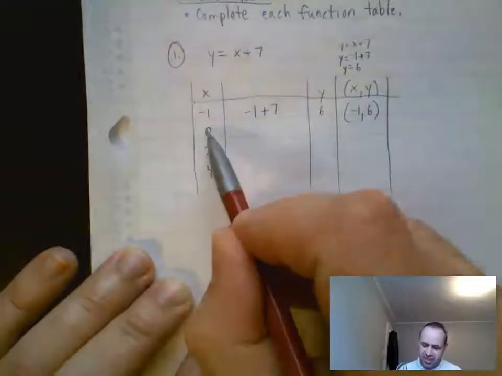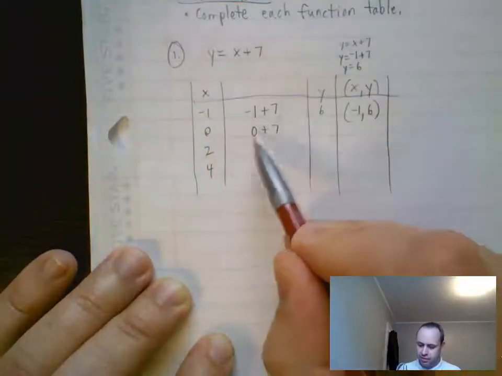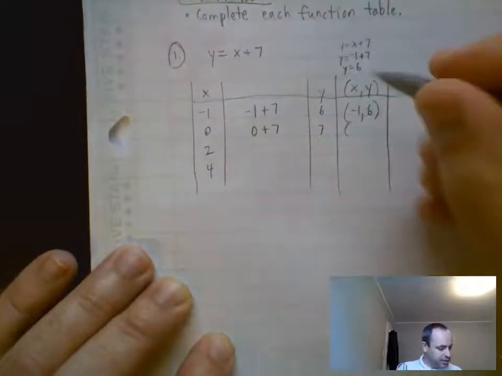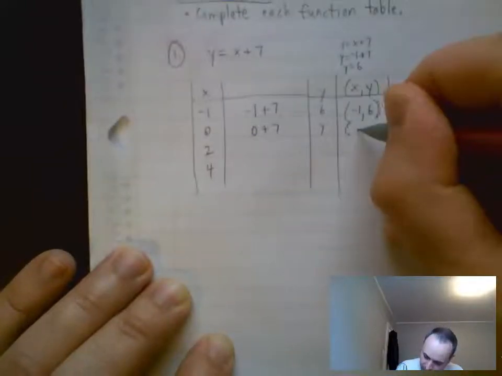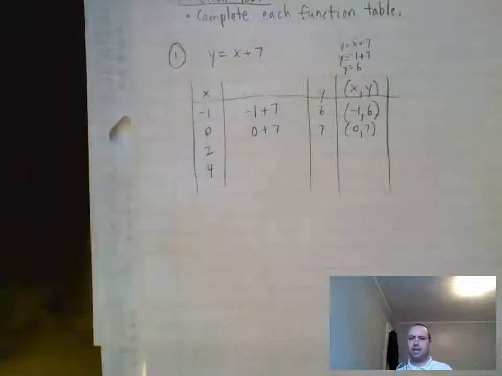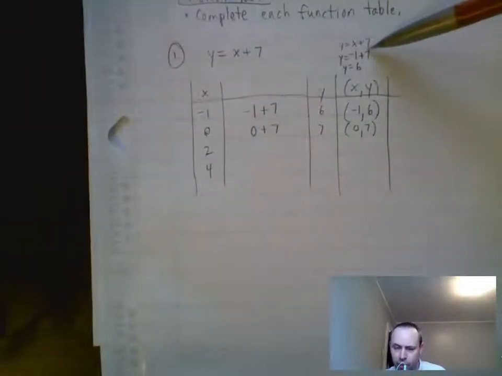The second one, we'll put a 0 in here. So it'd be 0 plus 7. 0 plus 7 is obviously 7. So our next one would be 0 for our x, comma 7 for our y. Now last week I was having you show your work outside, more in a vertical way.